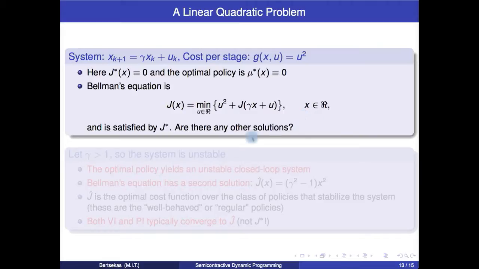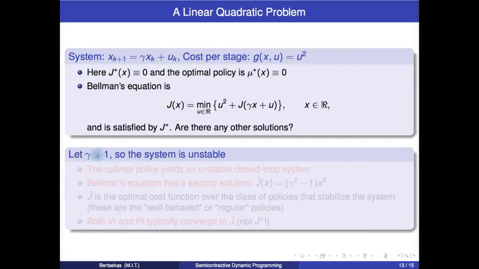Now let's look at this question of solutions of Bellman's equation, and let's assume that gamma, the coefficient of xk in the system equation, is strictly greater than 1. So the system is unstable if left uncontrolled.